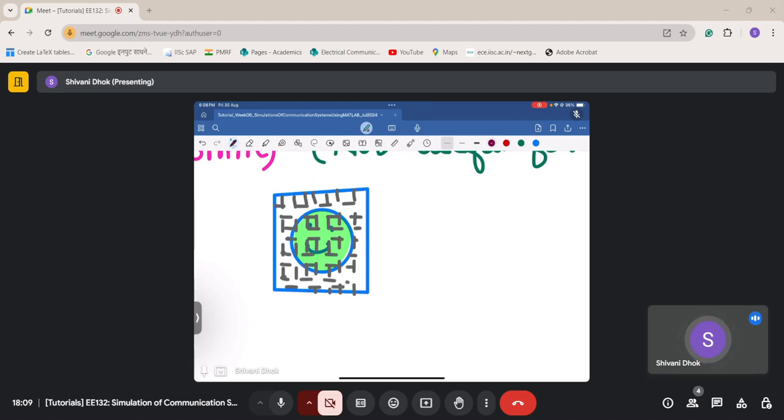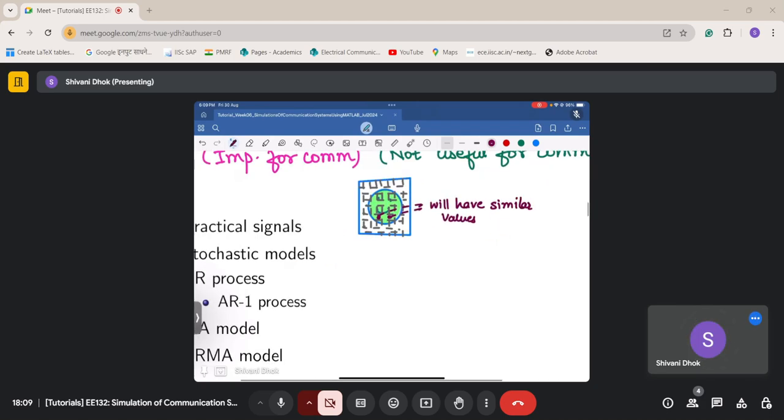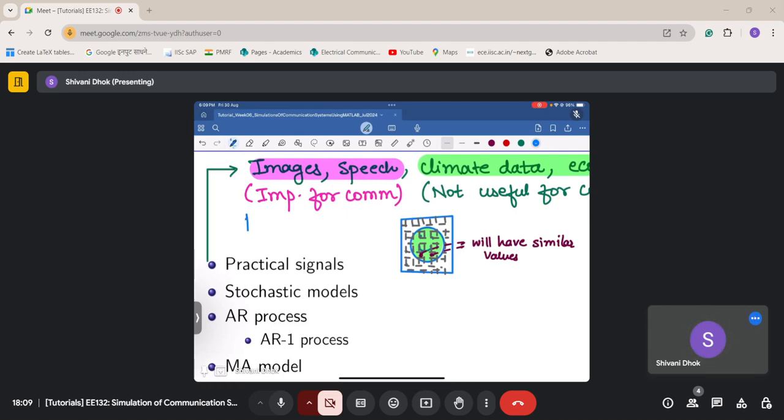The pixel here and here will have similar values because both have the same colors. Or even if you have a photo of your face, your eyeball will be represented by a large number of pixels. So each of these pixels is somehow related to the others. They will have some common properties, which means that this data will be highly correlated.